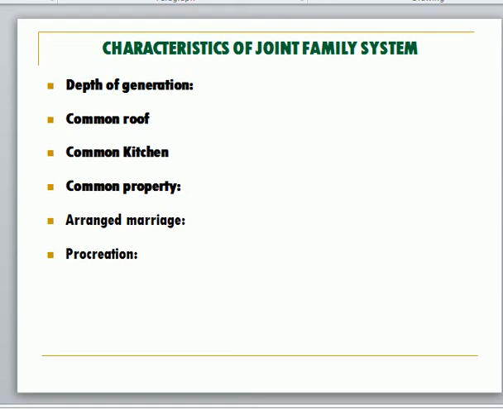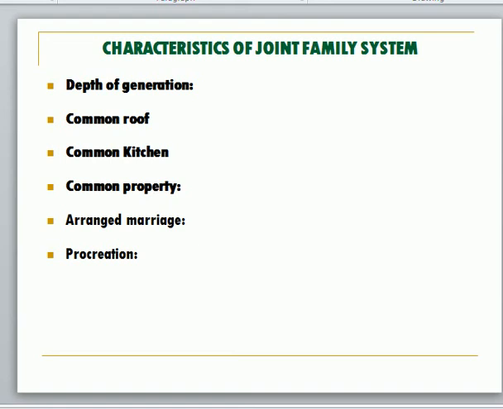Family members will choose the life partner for their son and daughter. The younger members rarely challenge their decisions and arrangements. In this family no one has the right to choose their life partner without the consent of the family members. So arranged marriage is a characteristic of a joint family system.